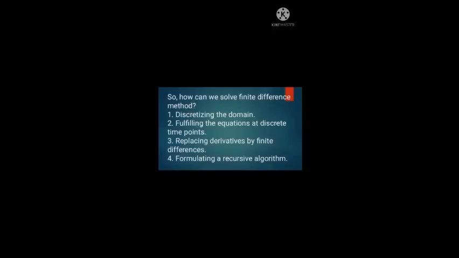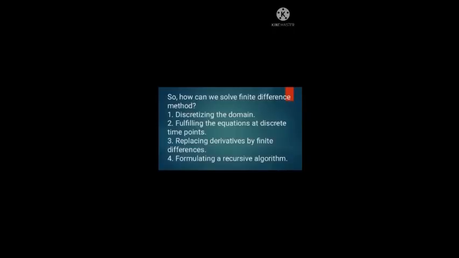The second step is fulfilling the equations at discrete time points. It means that discrete time points form a time series consisting of a sequence of quantities. With this, we can obtain samples in the equation. The third step is replacing derivatives by finite differences.